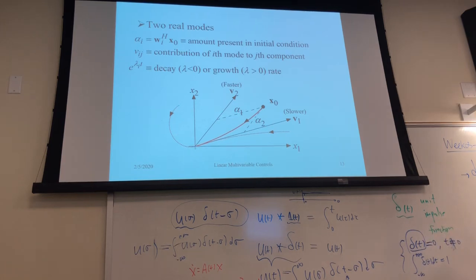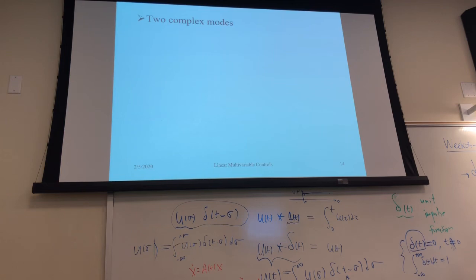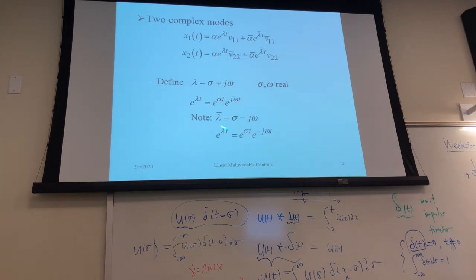There is a fixed mode. Then you should write something like this. Now the complex mode. If we have a complex conjugate pair, lambda and lambda bar, you end up with this. Lambda is sigma plus j omega. Then we will have something like this. This is a sinusoid; the magnitude is cosine and sine. Lambda bar is the conjugate.